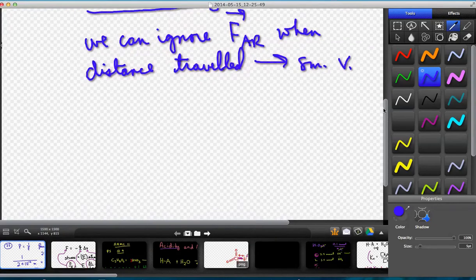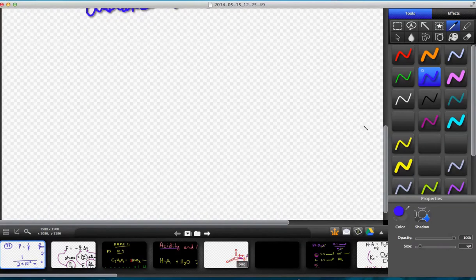Now, if we look at problem 27, you have an object with mass m that falls a height h. It's falling straight down vertically. It achieves a terminal speed vt.